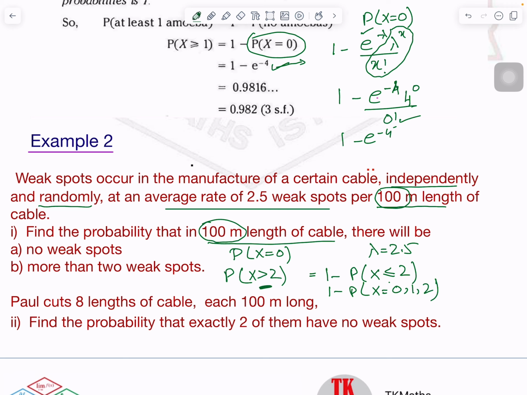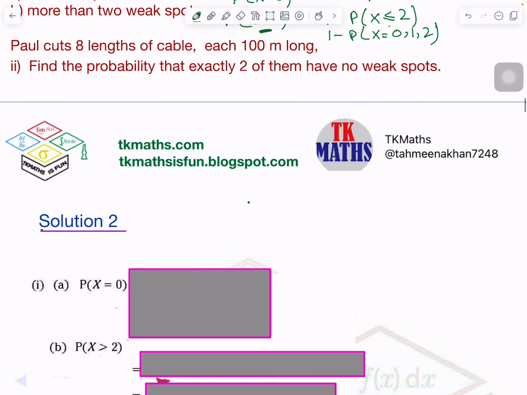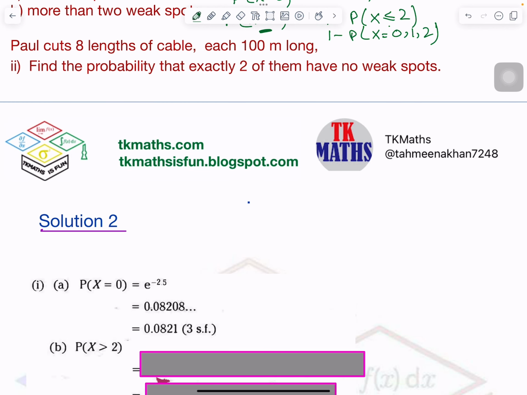So let's see this calculation, then I will come to part 2. I wanted to explain to you first, and then I will show you the solution here. See here. I have explained to you here, x equals 0 means e to the power minus lambda, lambda to the power x over x factorial, and x is 0, so I will be left with this.